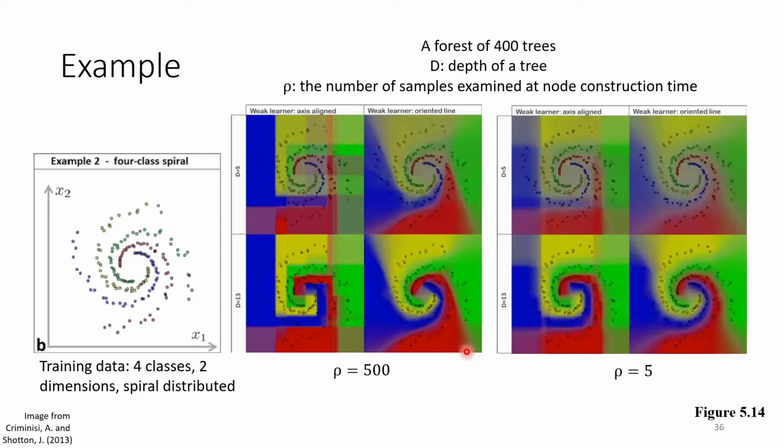And here, let's see an example. For a forest, there are some parameters, or I should say hyperparameters. How many trees should be included in the forest? Okay, this is the first one. Second, how deep a tree should be.